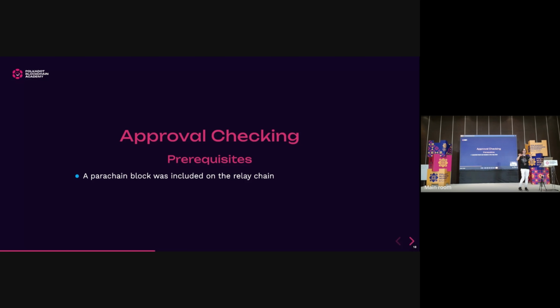And once enough availability chunks are distributed, this candidate becomes available and gets included on chain. This is another event added by the relay chain block author that marks it as included. So if you observe a relay chain, you see that every single parachain block gets first backed and then included. And after inclusion, we start the approval checking process.